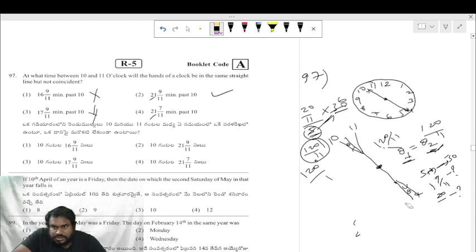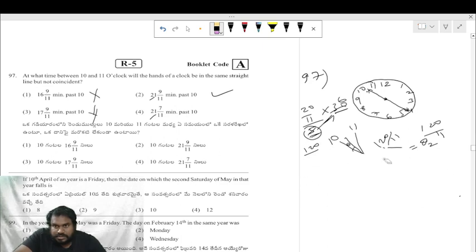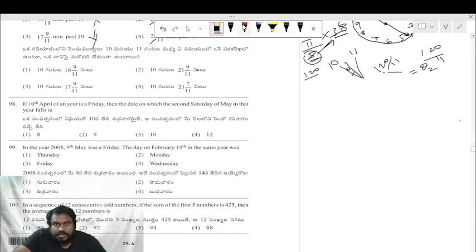Question number 98. If 10th April of a year is a Friday, then the date on which the second Saturday of May in that year falls is, okay, 10th April. 10th April is Friday.